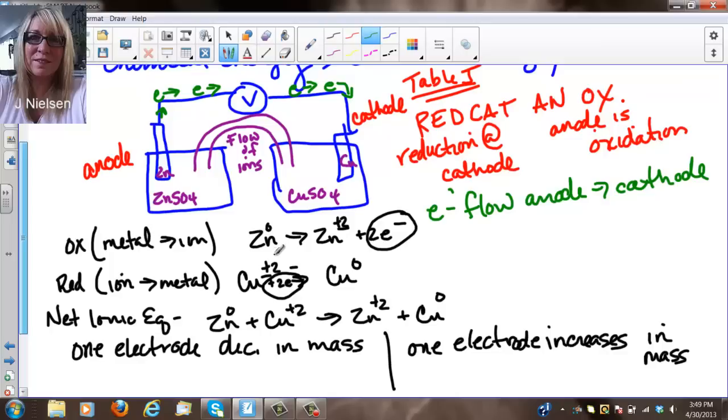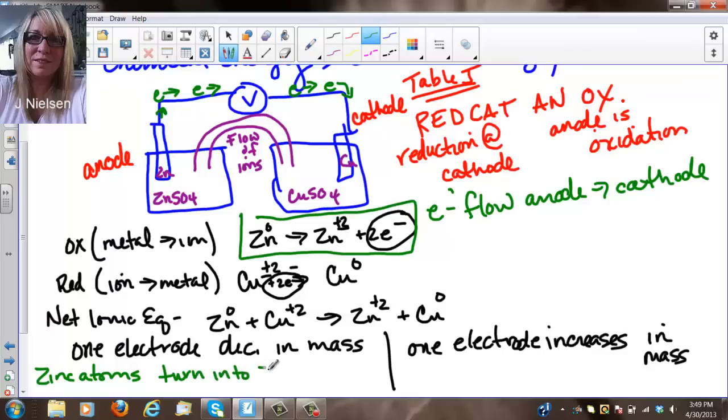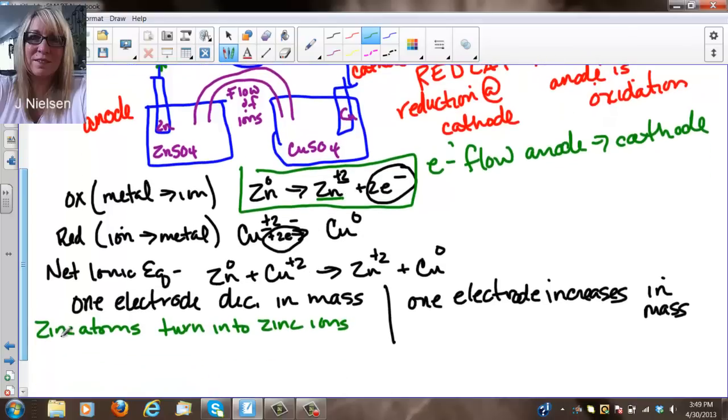So I'm going to go back to this and I'm going to read this in words. Zinc atoms turn into zinc ions, that's this part right here, by losing 2 electrons.